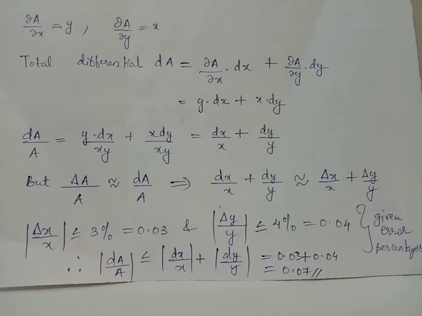Thus we have the maximum percentage error in calculated area equals 0.03 plus 0.04, which equals 0.07. That is, modulus dA by A is less than or equal to 0.07. That is, an error of at most 7% is observed while calculating the area of the rectangle.